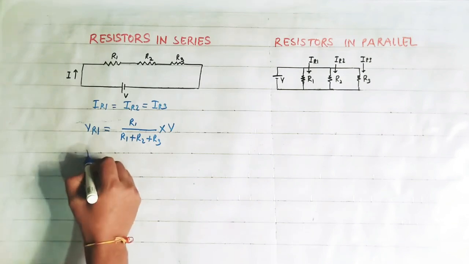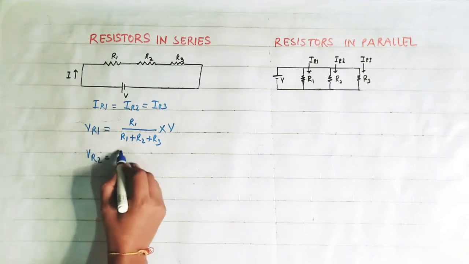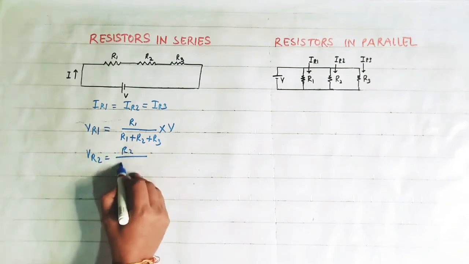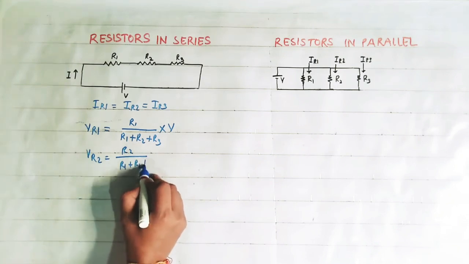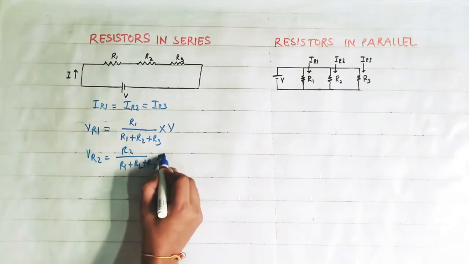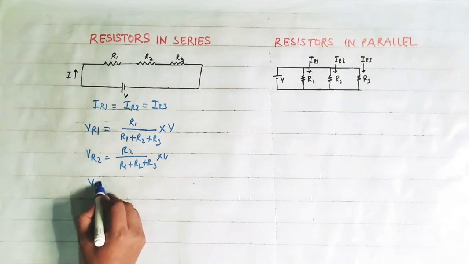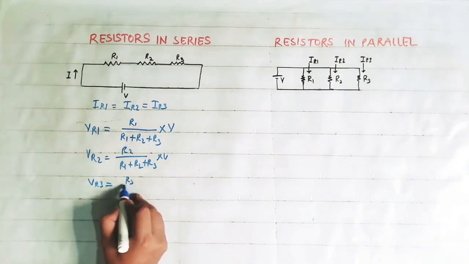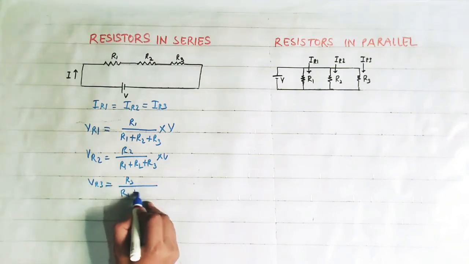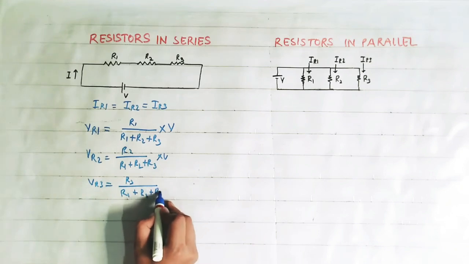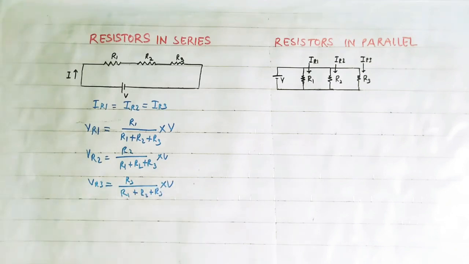Similarly, VR2 is equal to R2 upon R1 plus R2 plus R3 into V, and VR3 is equal to R3 upon R1 plus R2 plus R3 into V. So this is the voltage drop across all the resistors.